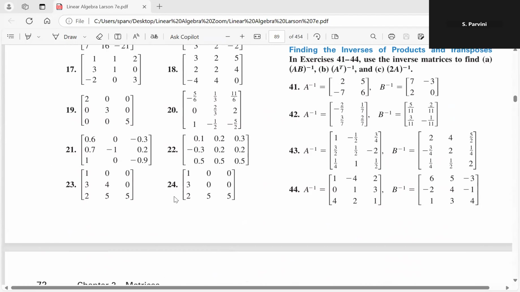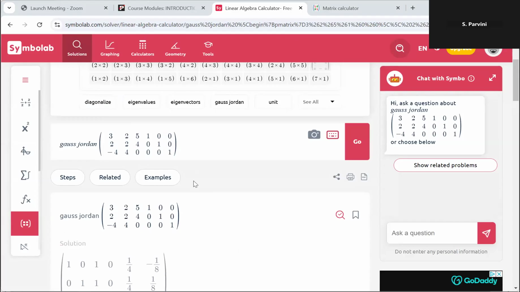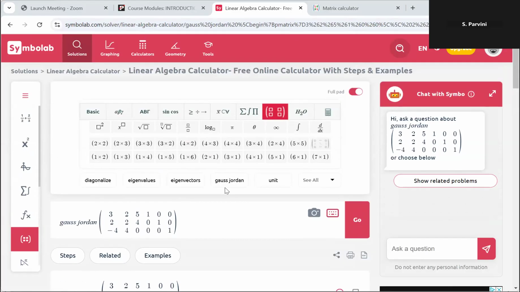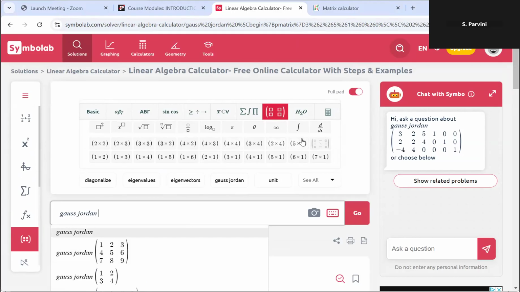We want to find the inverse, so I'm going to go to Symbolab. In Symbolab, we're going to input our matrix. Again, I'm going to do a Gauss-Jordan of a 3 by 6.